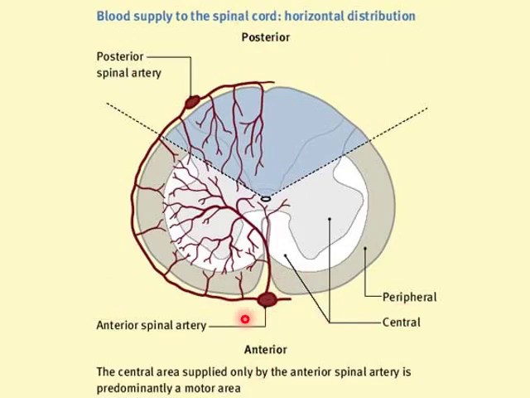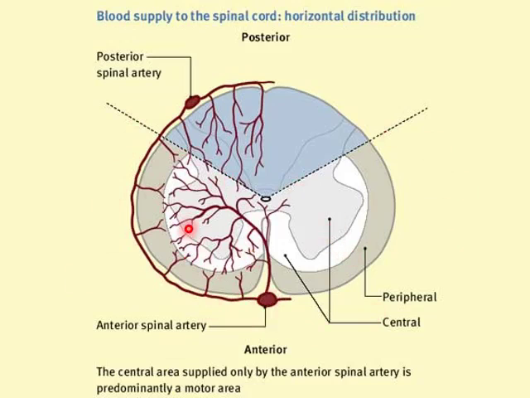As we said, this anterior spinal artery is actually a branch from both vertebral arteries inside the cranial cavity. These both vertebral arteries each give off an anterior spinal artery. They both unite with each other and descend as a longitudinal artery at the anteromedian fissure, supplying the anterior two-thirds of the spinal segment.